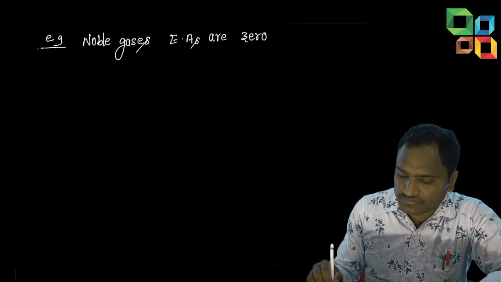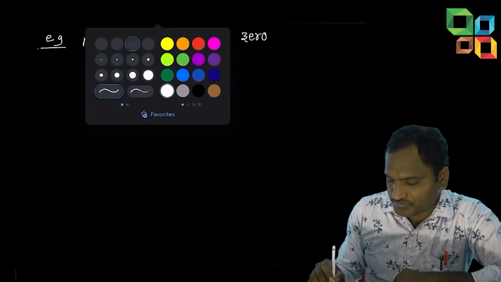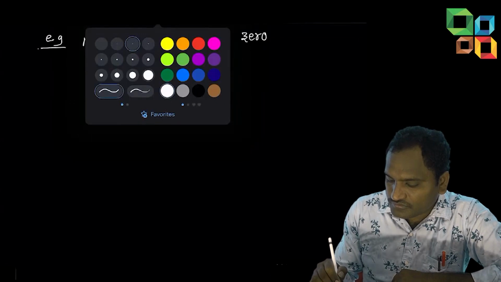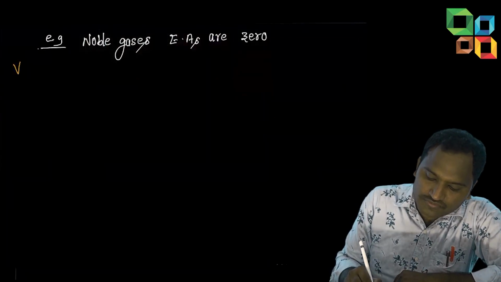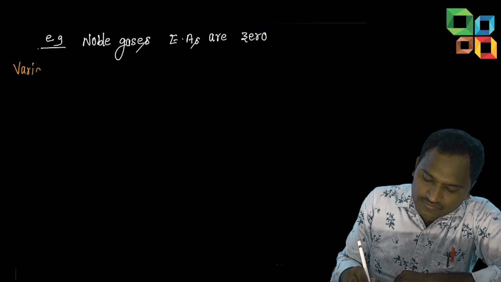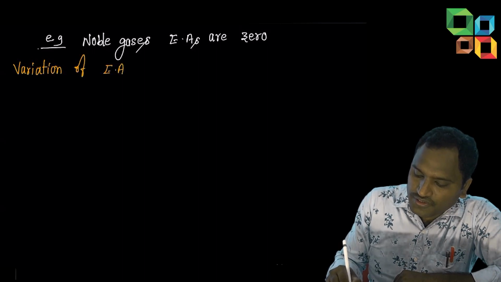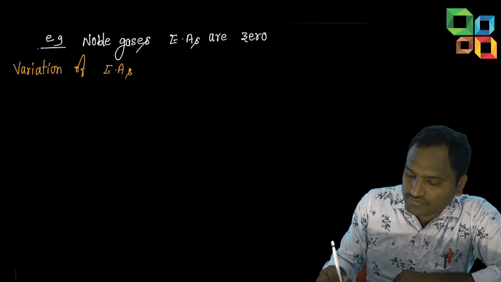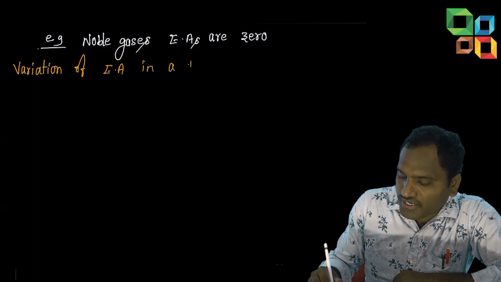Next, variation of electron affinity in a period and group.